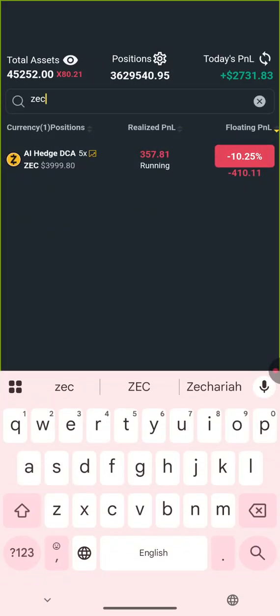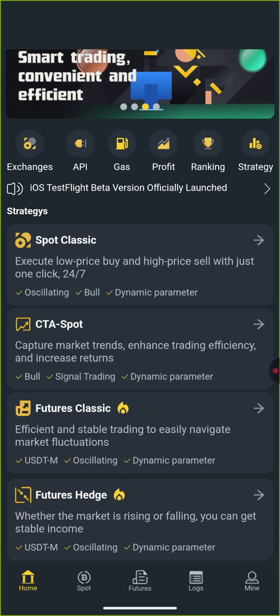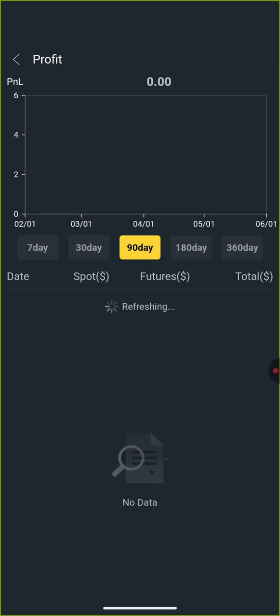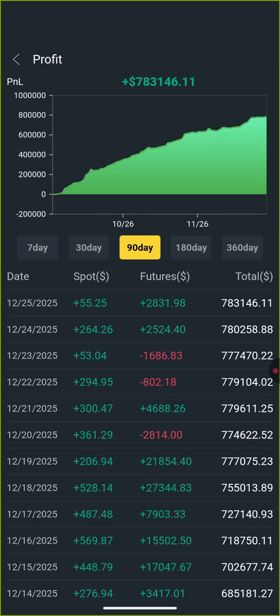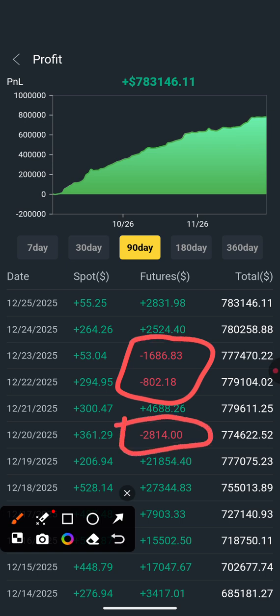All right, so just to take you through, let me show you my profit statement. When you see your profit statement and you see things like this, it is normal. In trading, you must have losses. The most important thing is: is your account in net profits? Yes, it is. In 90 days, I've made around $78,000, right?